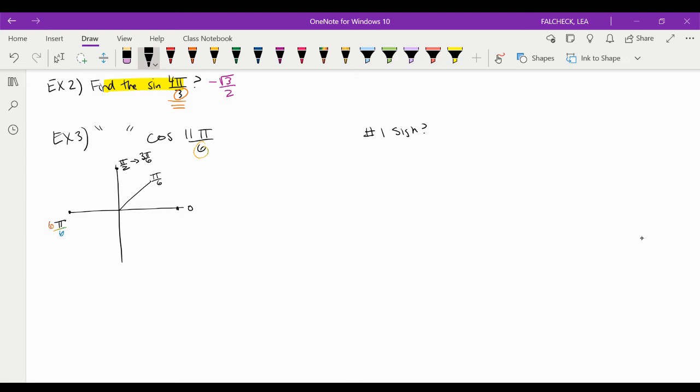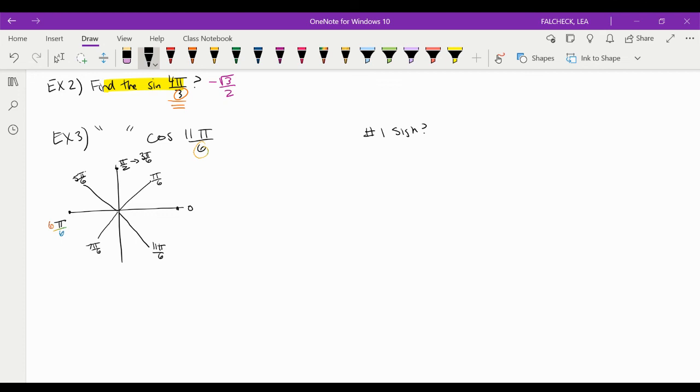So then as I get over here, 4 pi over 6, then 5 pi over 6, right? And then I get to 6 pi over 6, and then 7 pi over 6, and then 8 pi over 6, 9 pi over 6, 10 pi over 6, 11 pi over 6. 11 pi over 6 is going to end up over here, okay?